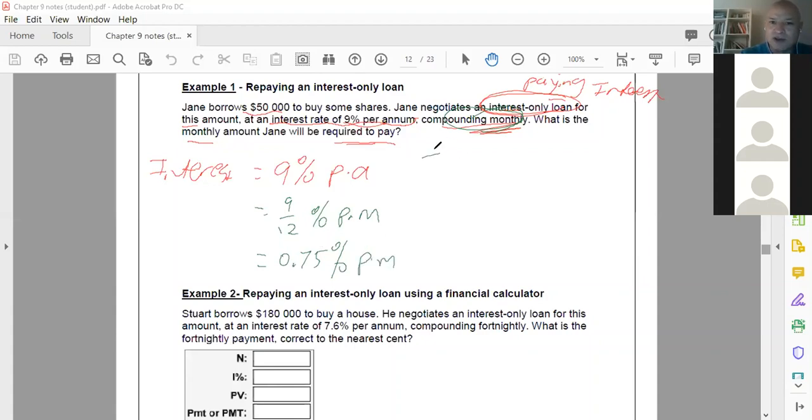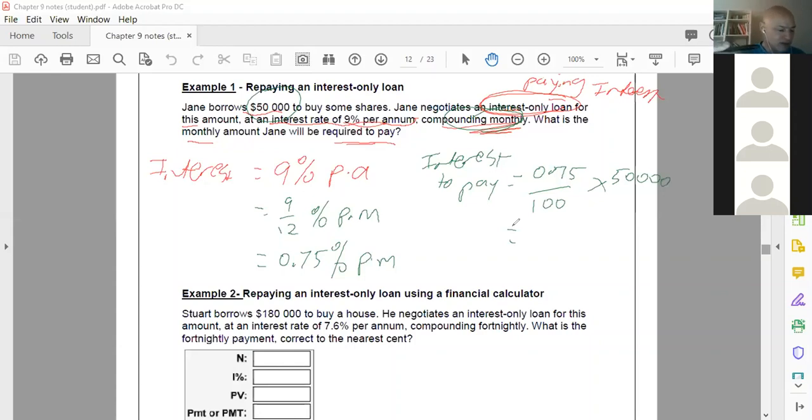So now, interest to pay: 0.75 divided by 100, because that's what percentage means, times $50,000. How much interest does she get charged a month?